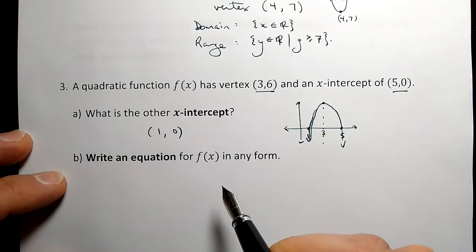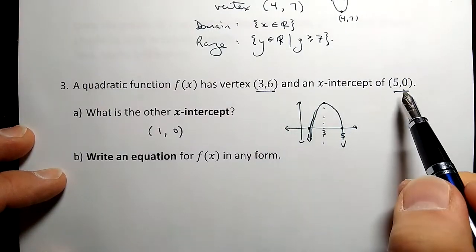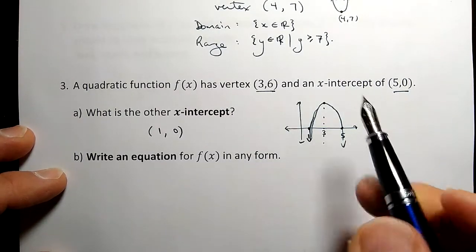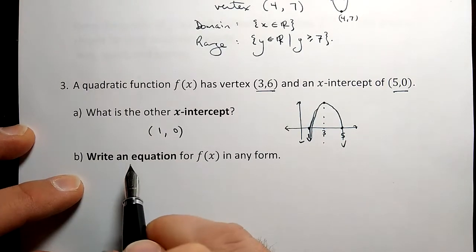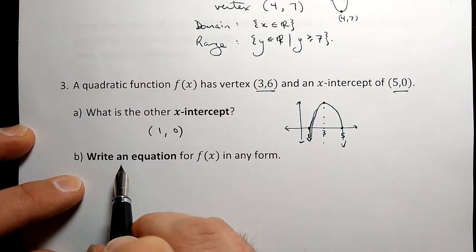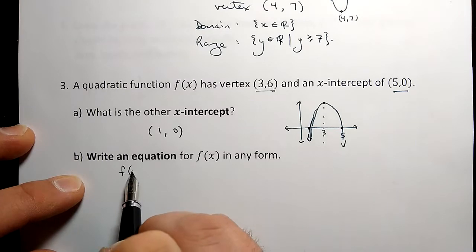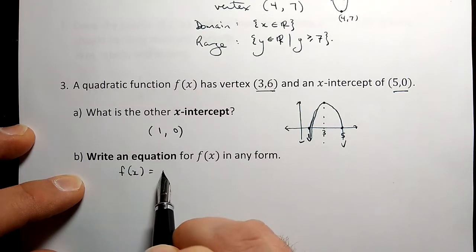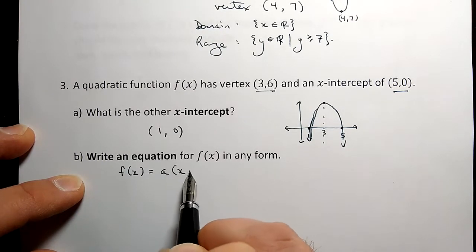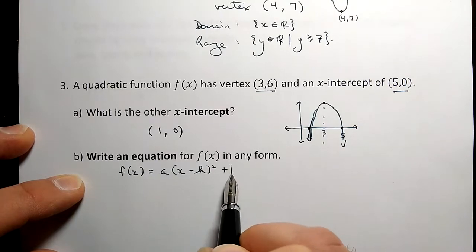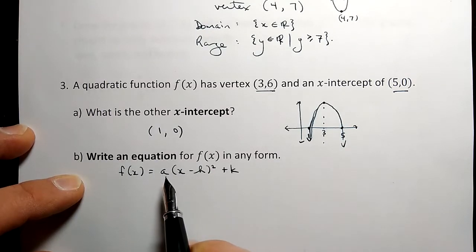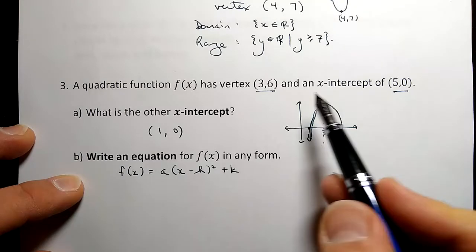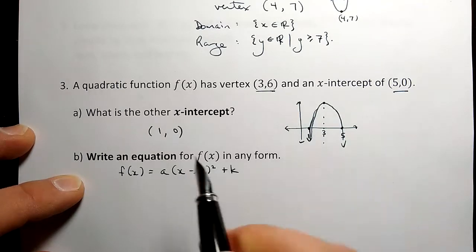Write the equation for f of x in any form. Well, we can use vertex form or factored form because we do know both of the roots. I'm going to start with vertex form. I'll write factored form at the end. So f of x is, well, in regular vertex form we have something like this, with the parameters a, h, and k. A is the vertical stretch or compression factor, which we don't know yet. We can't tell just from looking at these points.